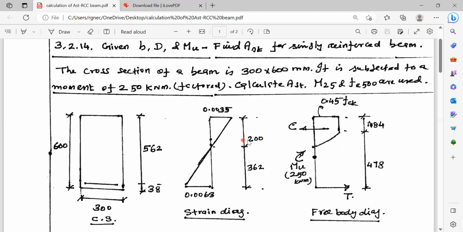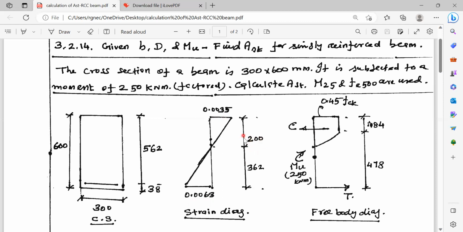Therefore, by proportion of 200 versus 362, based on the value of 0.0035, we can get the value of epsilon_st, the strain in tension reinforcement, equal to 0.0063. So the neutral axis we have assumed, xu equal to 200, is within the limit.